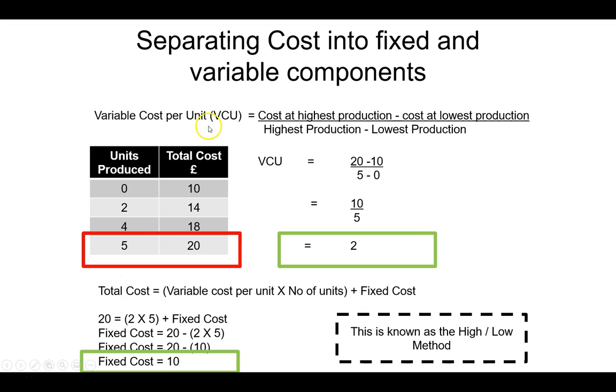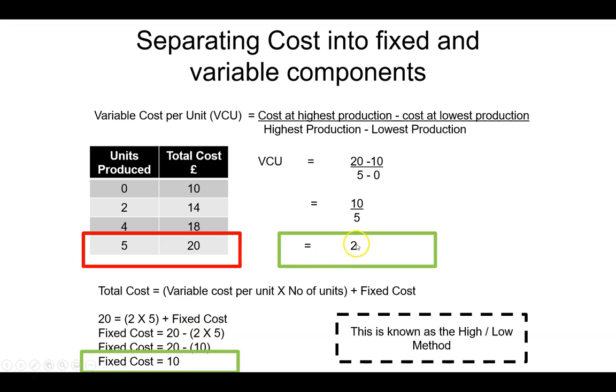Our semi-variable cost here is made up of the variable cost and then fixed cost. So when we put in 2 times 5, that gives us our variable cost. But we know the total to be 20. So 2 times 5 is 10, so 10 plus 10 should give us 20. So we know our fixed cost is 10.